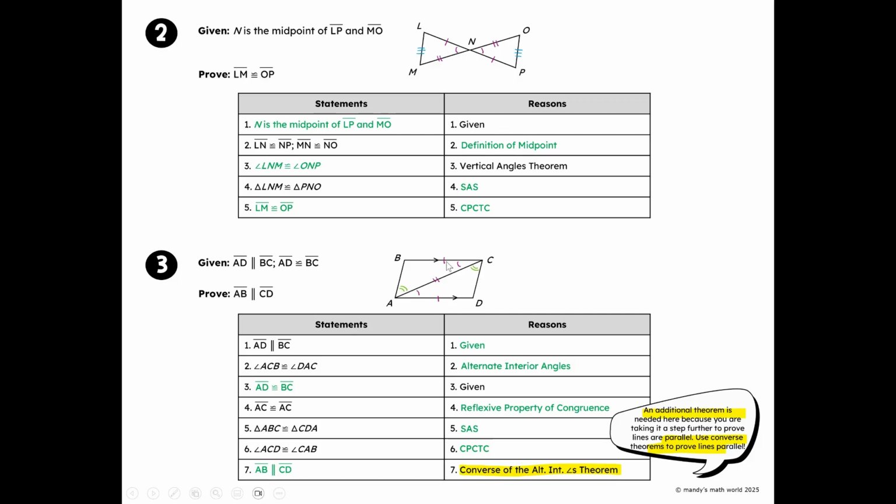Because if alternate interior angles are congruent, then AB would be parallel to CD. So this is an example where an additional theorem is needed here because you are taking it a step further to prove lines are parallel. So use converse theorems to prove lines are parallel.